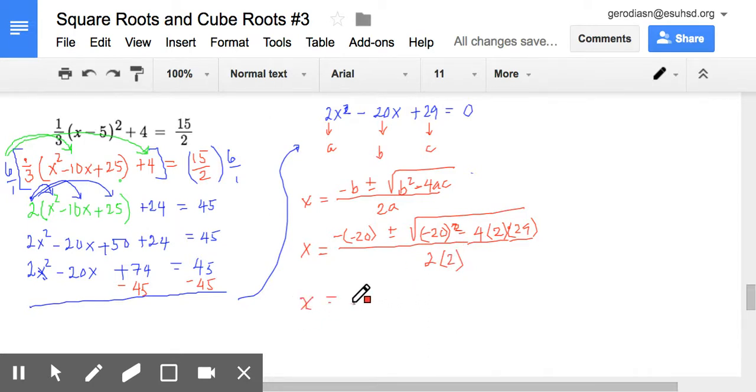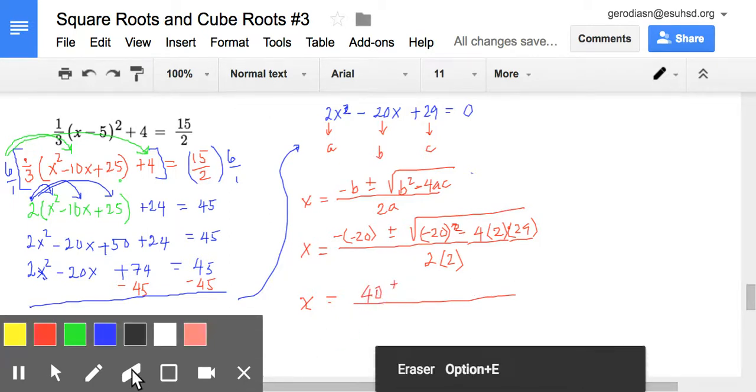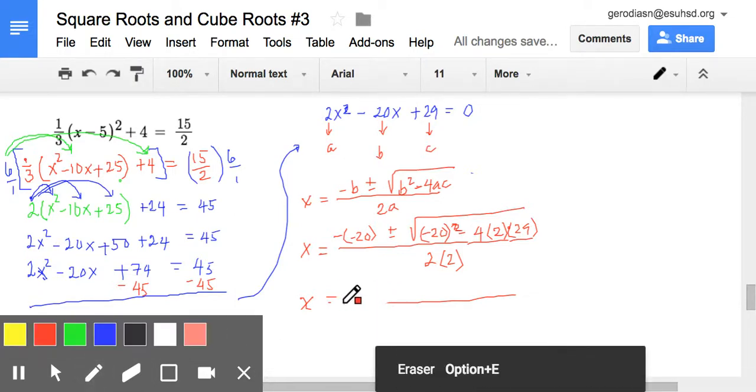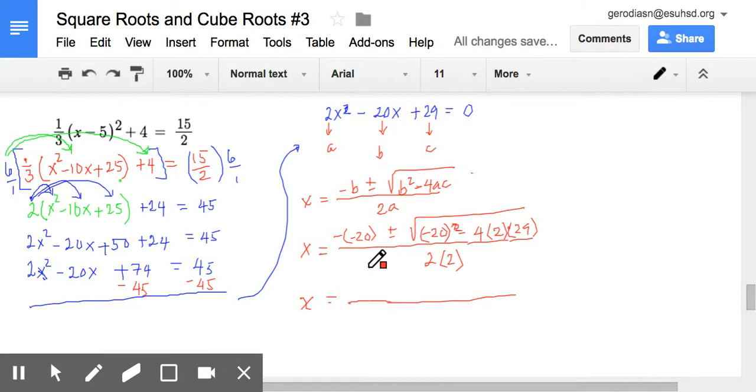So we'll have here 40. Oh, not 40, but 20. Where did I get the 40 from? Okay, so I'll have here negative of negative 20 is positive 20 plus or minus square root of 400 minus 4 times 2 times 29 is 232 over 4.